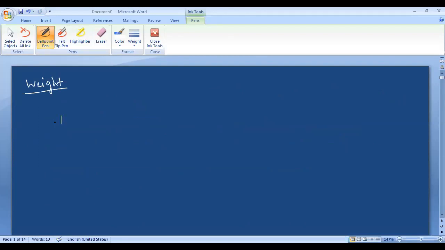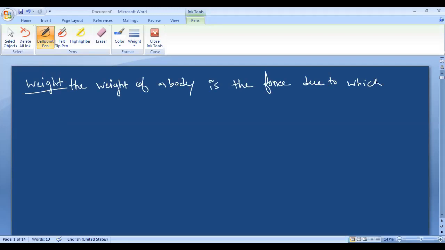Now the definition of weight. The weight of a body is the force due to which Earth attracts it towards its center.